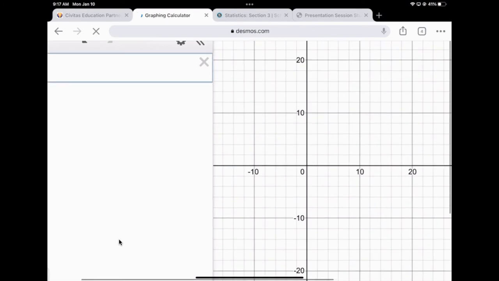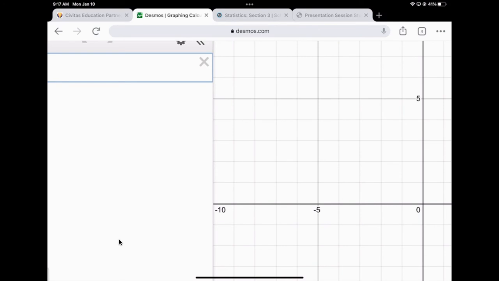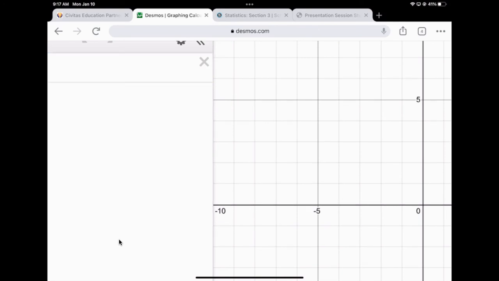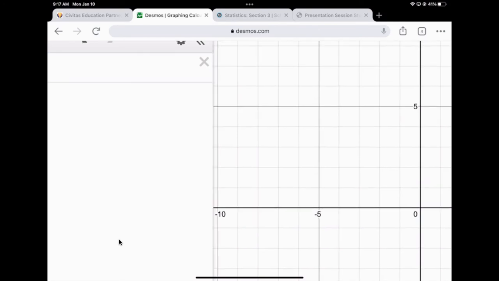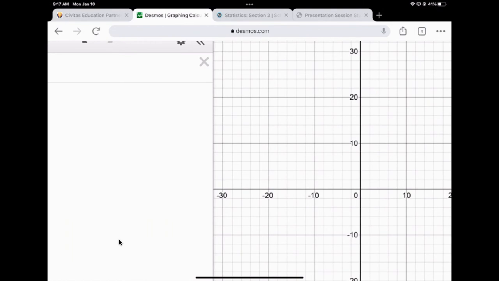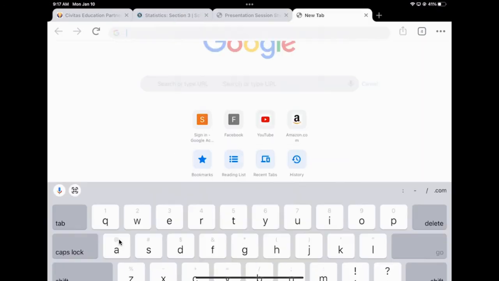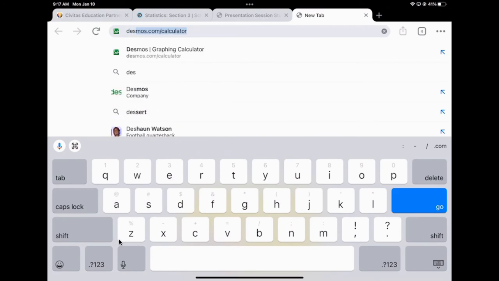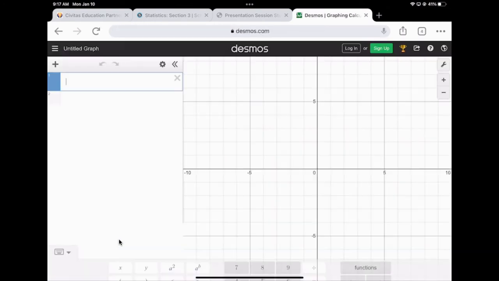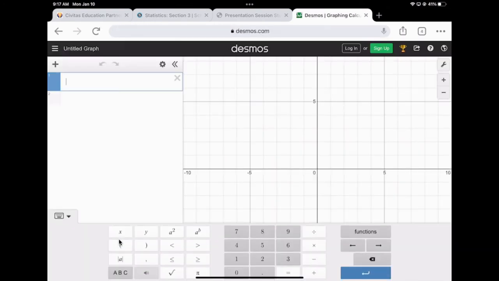So here, I can go to Desmos. I can type in the values. I can zoom in. Something is wrong. Let me type in the web page, Desmos graphing calculator. Okay. So basically you just type in what you see.